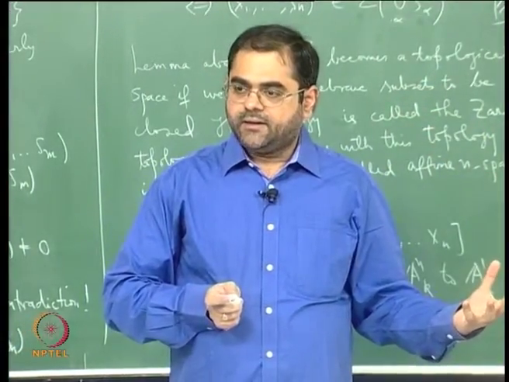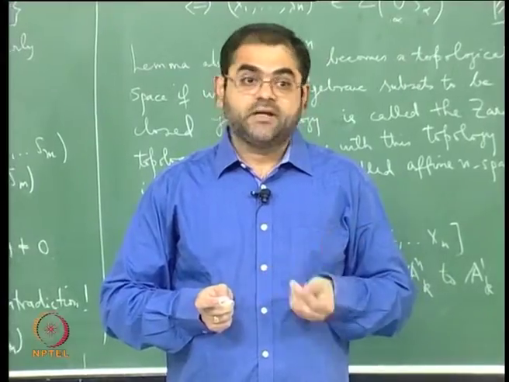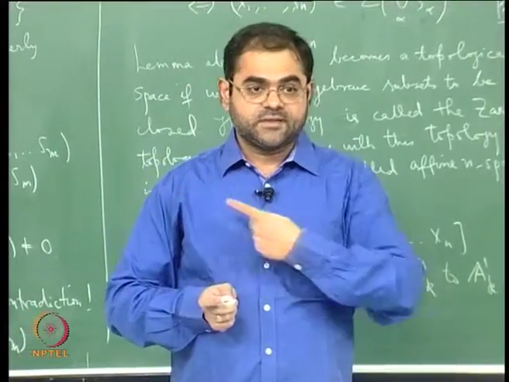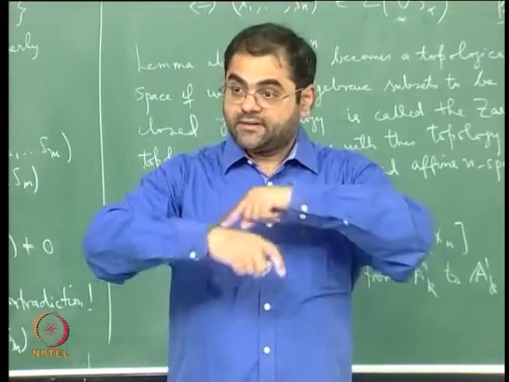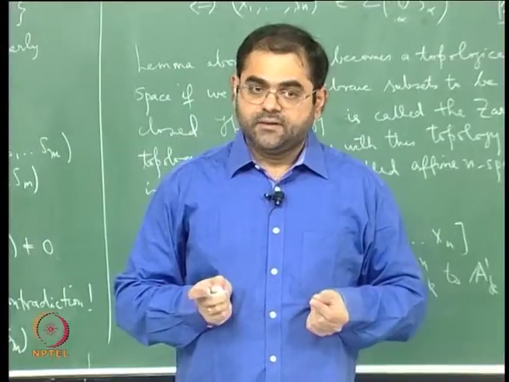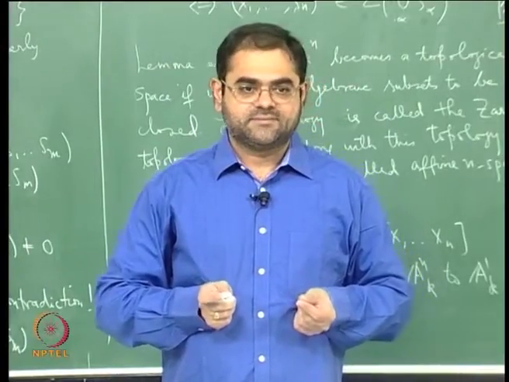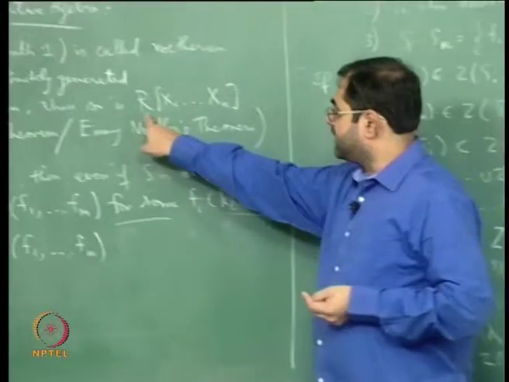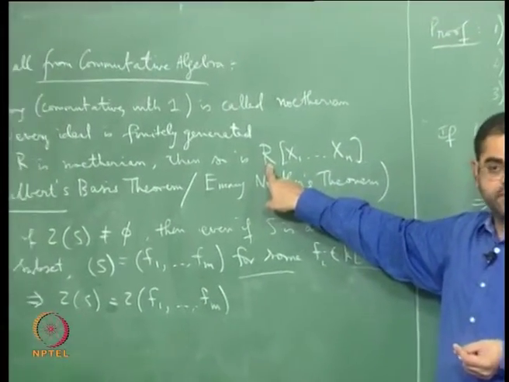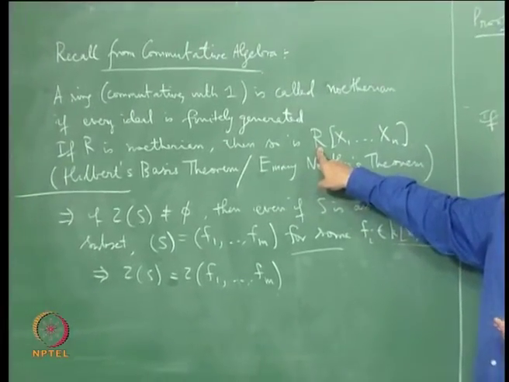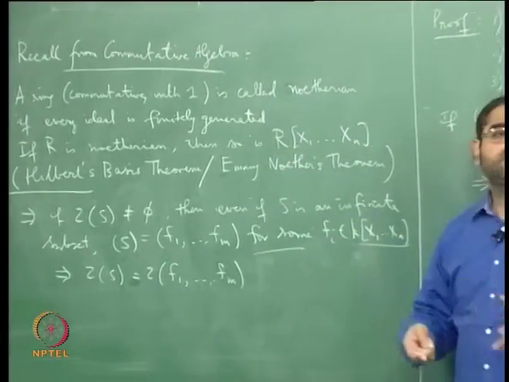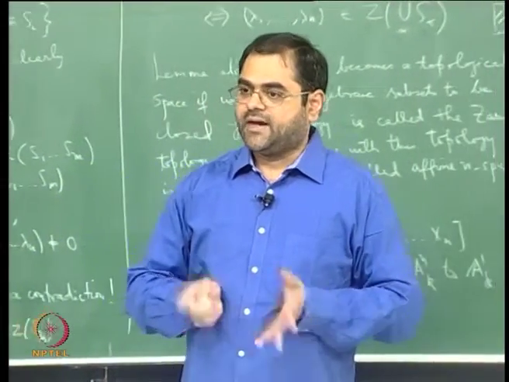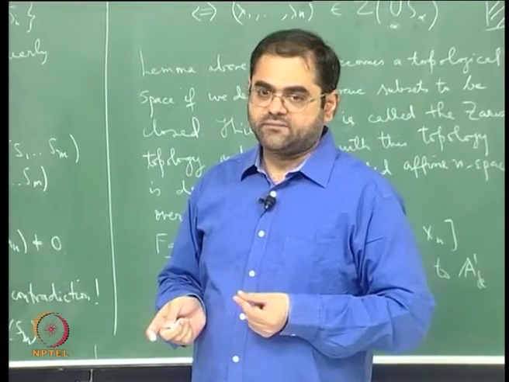Even if you go to a general commutative ring, make sure that it is Noetherian, then the Hilbert basis theorem will tell you that even in that very broad sense you are only looking at finitely many equations. Mind you, the Hilbert basis theorem works if R is any Noetherian ring. So you will always be looking at only finitely many equations if you are working with coefficients from a Noetherian ring. That is the geometric significance.